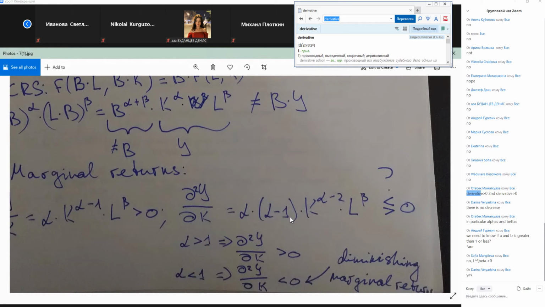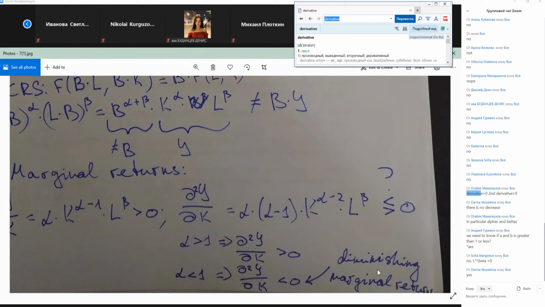If alpha is bigger than 1, then this whole thing will be positive and we have increasing marginal returns. If alpha is smaller than 1 and bigger than 0, then we have diminishing marginal returns, then it's fine. So here we cannot be certain.